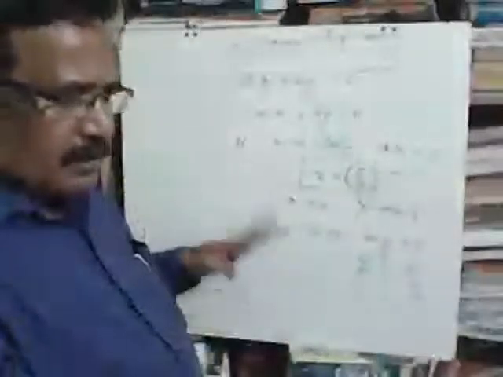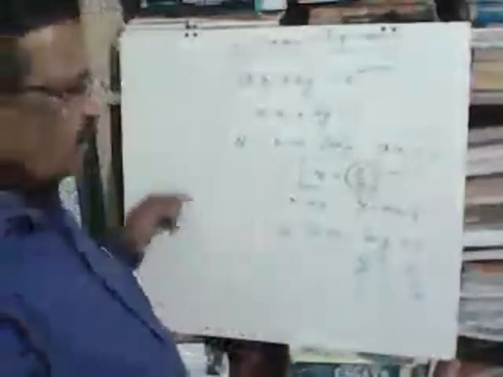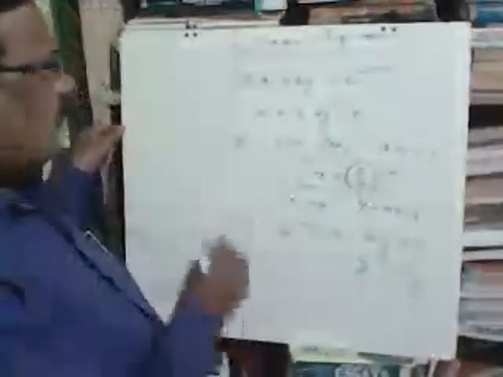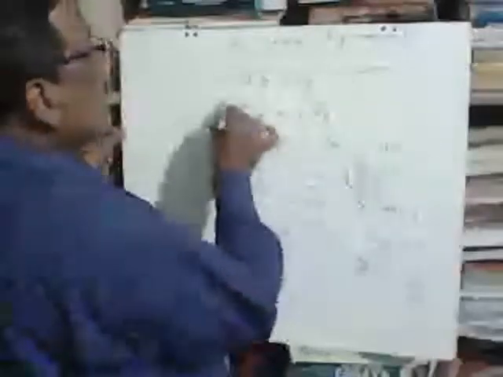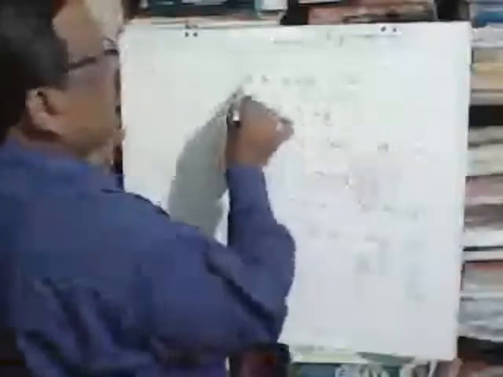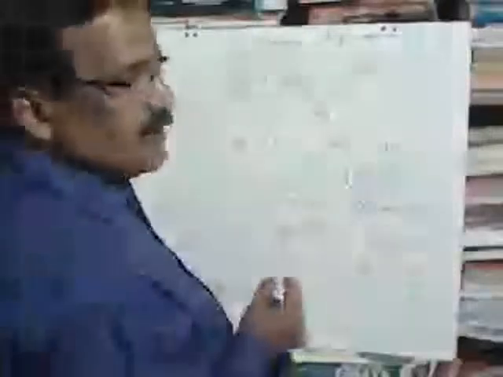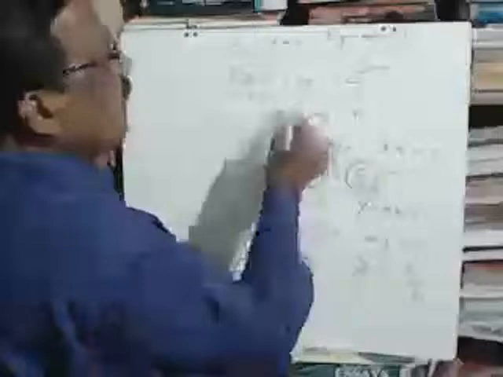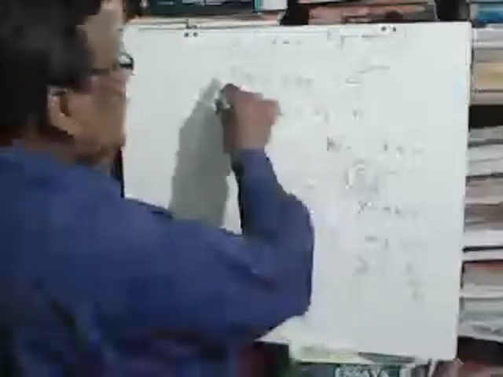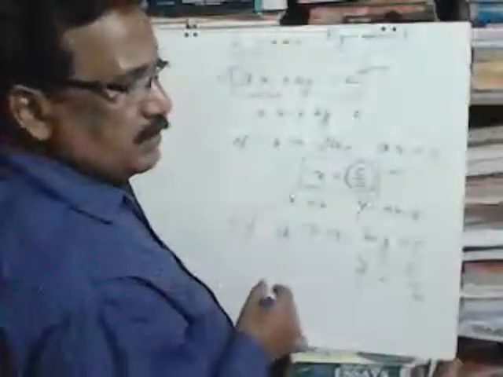Now I will show this thing graphically. First, I repeat this thing. Basic concepts. ax plus by equal to c is your linear equation. Here a, b, c are coefficients or constants, all real numbers. X and y are called variables. So it represents a linear equation in two variables.